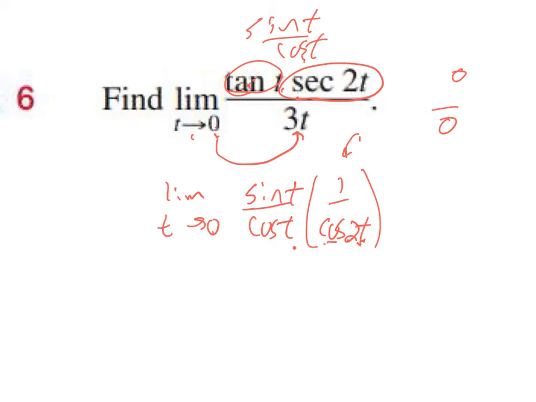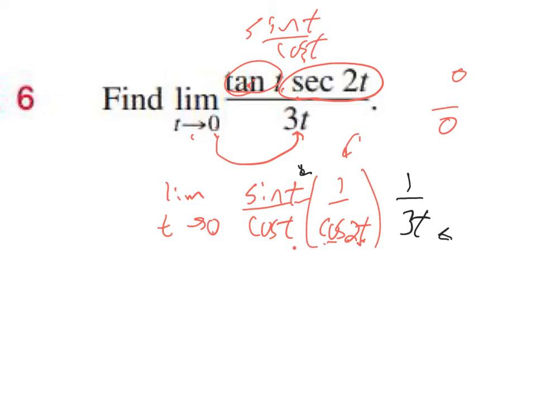So I'm still left with that 3t. So when I put my 3t in the problem, that's 1 over 3t. And I know it looks scary because you still have a sine of 0 right here, and now you still have 3 times 0. But look what I can do here.